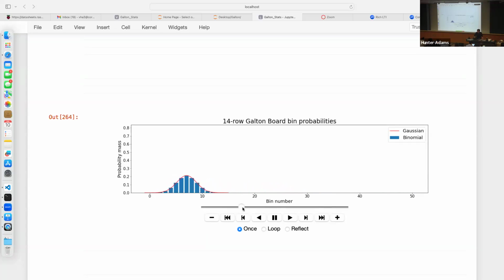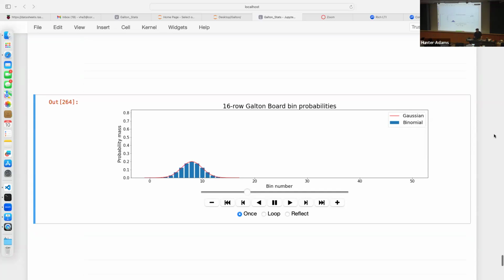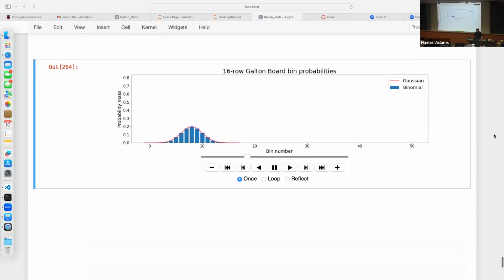And honestly, if I didn't know anything about this and you asked me to guess how many rows it takes before you get a pretty darn good approximation, I would have guessed way more than it actually takes. It starts to do a really nice job approximating this after what is to me a counterintuitively small number of rows. After as few as 16 rows, which is as many as yours will include, the Gaussian distribution is pretty darn good, right?